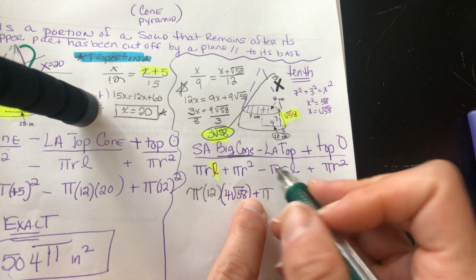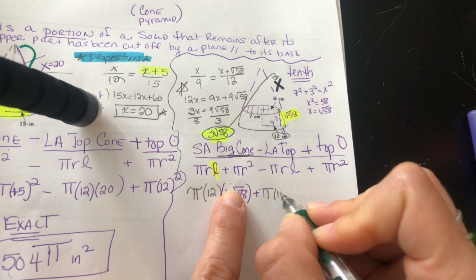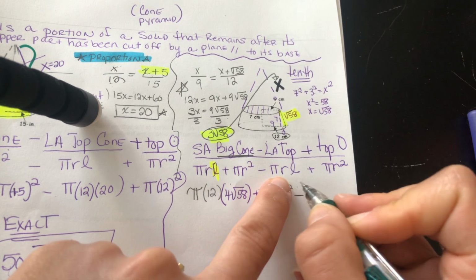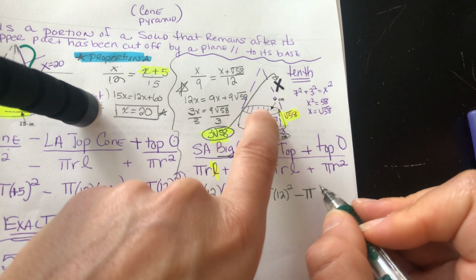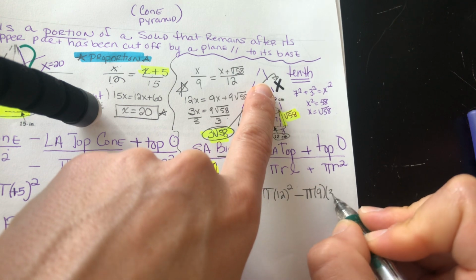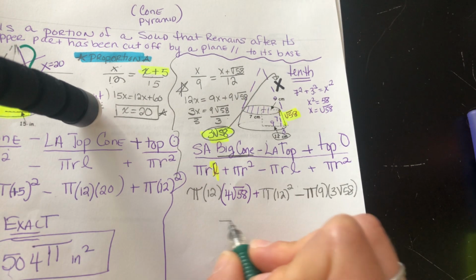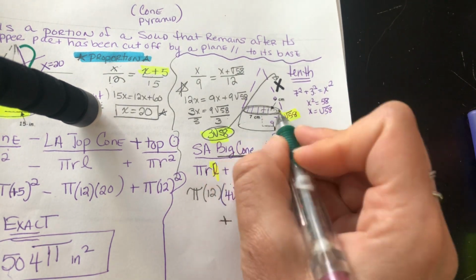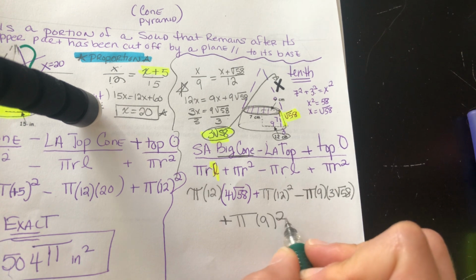Pi, the radius of the big is 12 squared. Now we're on to the lateral. The lateral one is the top one, so pi, the radius was 9. Your slant height here was 3 rad 58. And then plus, we're going to add this circle back. So we have a pi, and your radius is 9 squared.